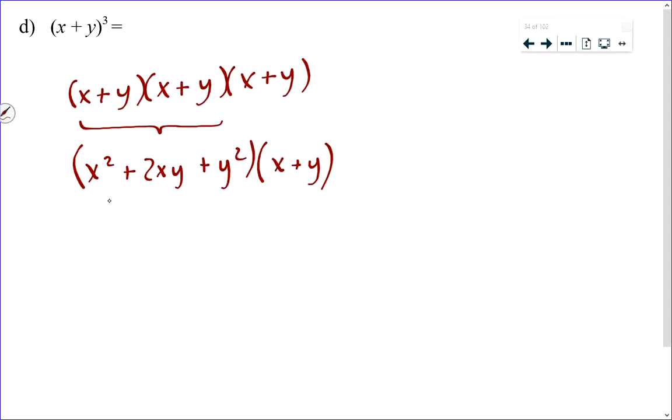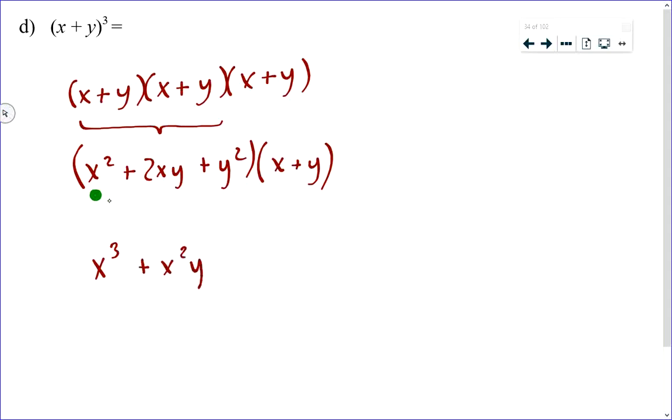When I multiply things like this, this is the way my brain operates. Everybody in the first polynomial has to be multiplied by everybody in the second. So I focus on the x squared, and I take x squared times everything in the second, and then I move on. So x squared times the x is x cubed. X squared times the y is x squared y.